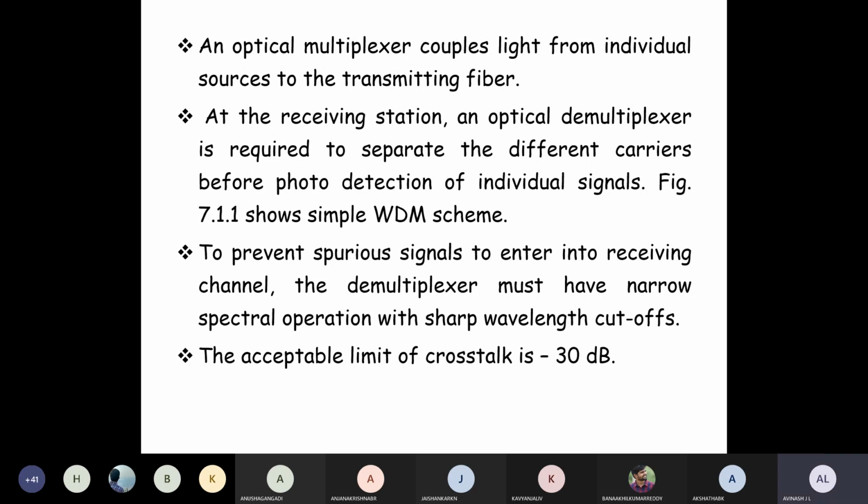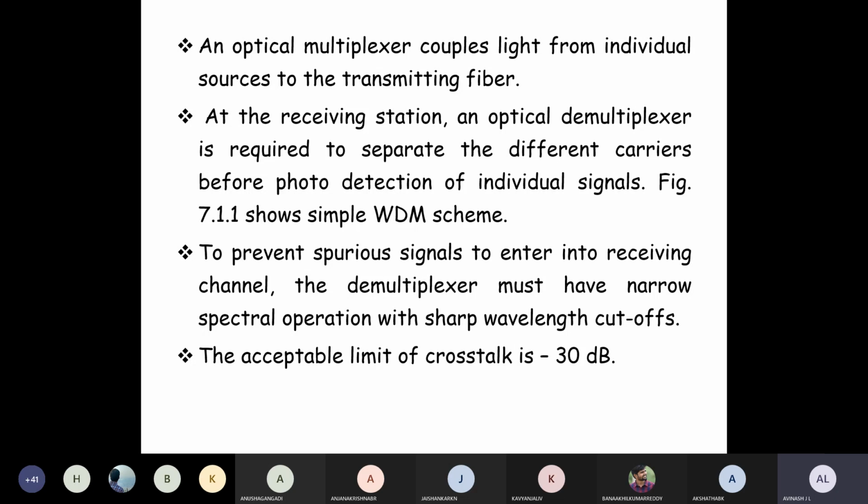Okay. Now, to prevent spurious signals from entering the receiving channel, the demultiplexer must have a narrow spectral operation with sharp wavelength cutoff. Okay, with sharp wavelength cutoffs.